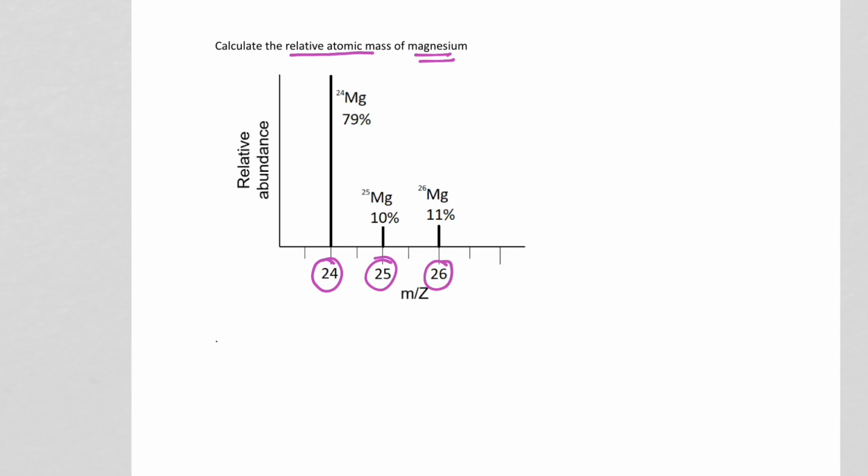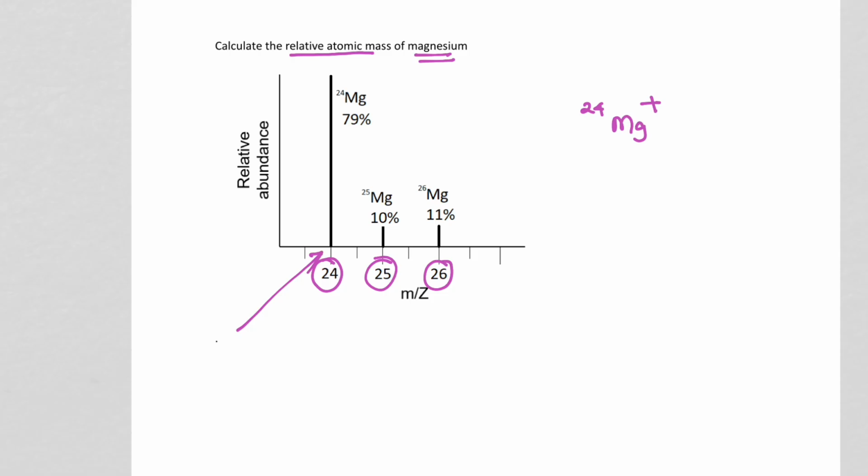If any question asks you what species is responsible for this peak, please do not say magnesium 24. That's not the species responsible for this peak. The species is Mg24+.